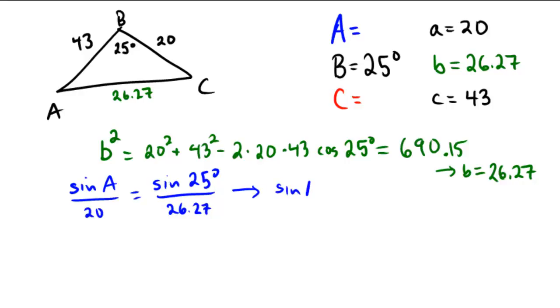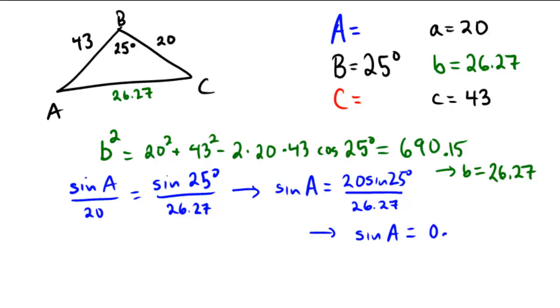So sine of A must be equal to 20 sine 25 over 26.27, or 0.3217.